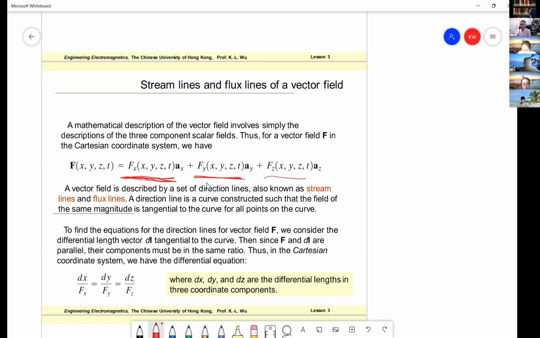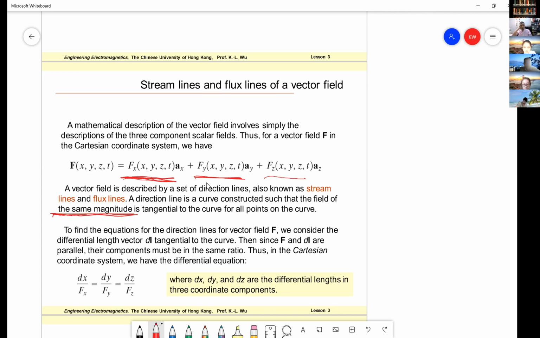What we would like to find is, oh, I missed one word I meant to add last night. Even though I have taught this class for more than 20 years, before every lecture I still spend time reading my notes, and in my notes I should have added this word. I emphasize: along each curve, the line represents the field of the same magnitude.